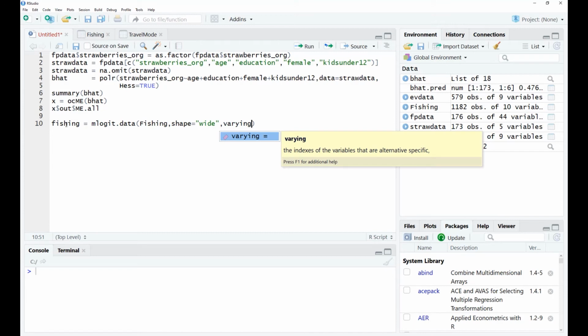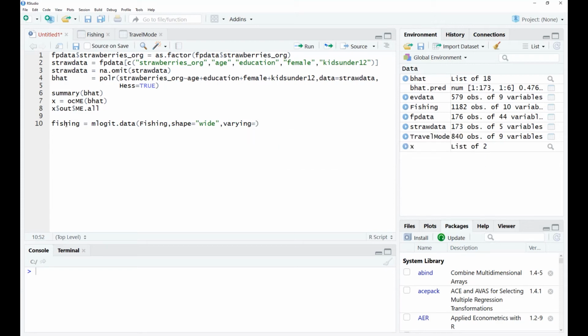Note that if you type varying, it says the indexes of the variables that are alternative specific, and those are columns 2 through 9.